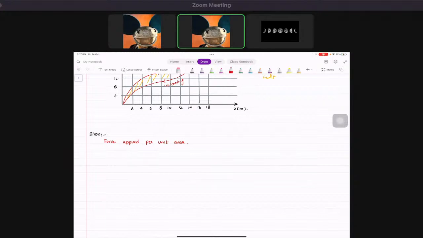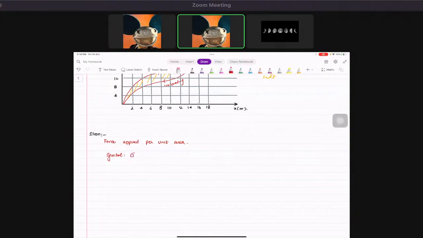So the symbol of stress is like this. We make it more clear like this. And it could be made like this as well, so it's fine. Let's do it like this.